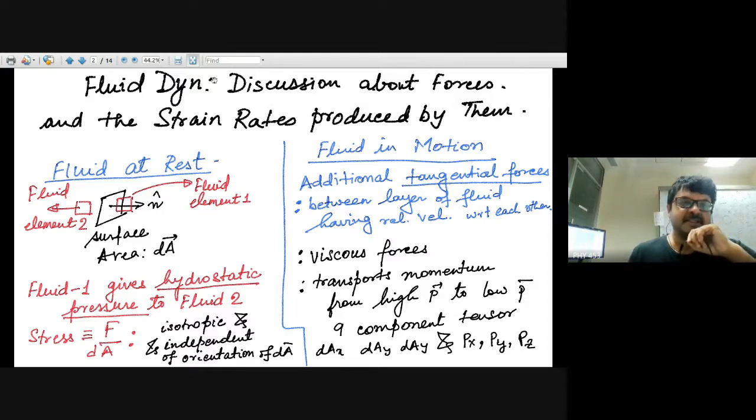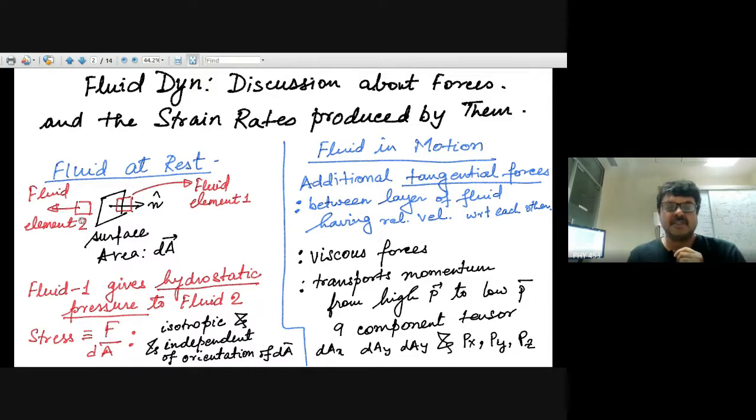Just to get started, suppose we discuss a fluid at rest. Suppose there's a fluid element, and it has been divided into two parts. This is fluid element 2, and this is fluid element 1. Fluid 1 gives hydrostatic pressure to fluid 2, since this is a fluid at rest.